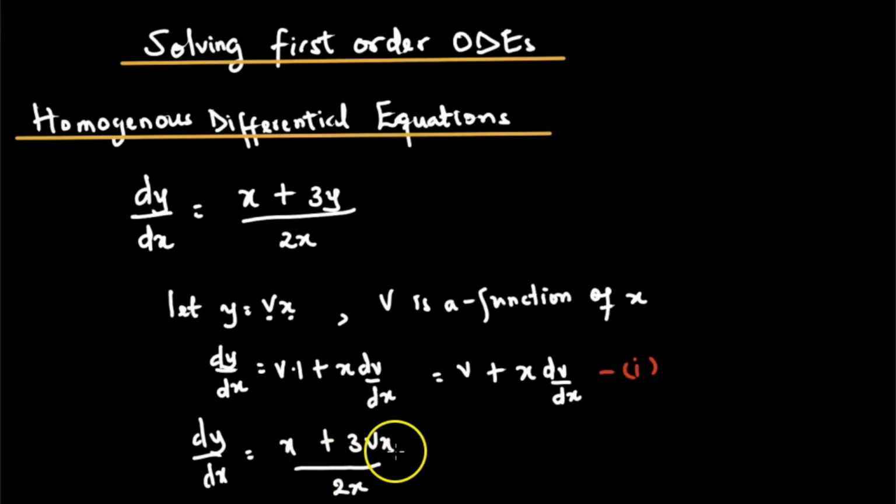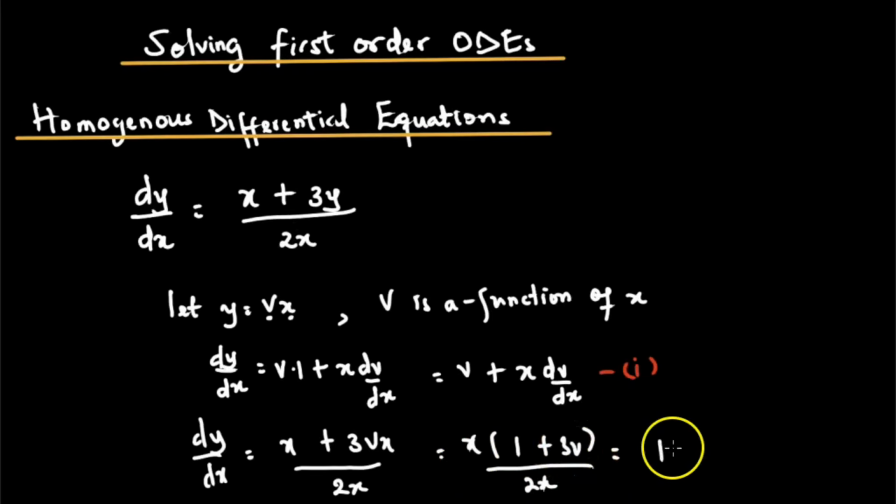We can simplify this, right? x is common, so we're going to have x into 1 plus 3v divided by 2x. So x cancels x, and this becomes 1 plus 3v divided by 2. This is our equation 2. So this is dy dx, this is dy dx.